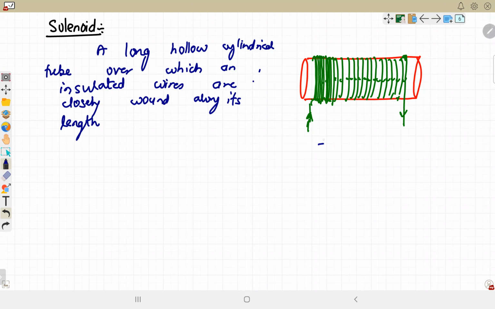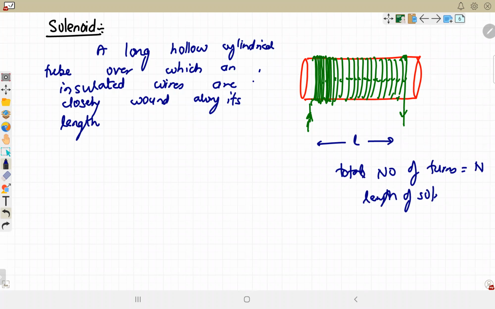So suppose the length of this solenoid is L and the total number of turns is capital N. Length should be at least 20 times radius, then we can apply that approximation that it is infinitely long or quite long.